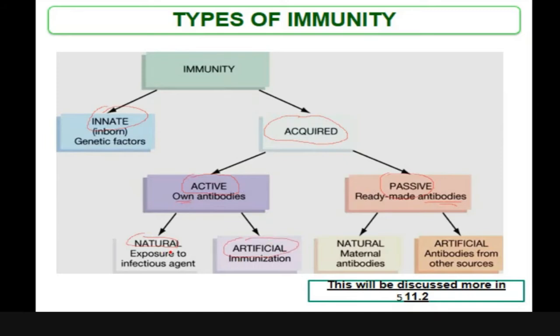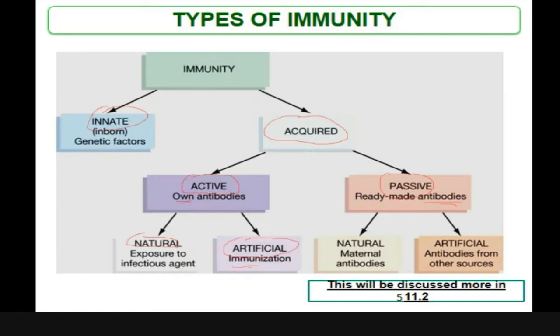So natural is when we are exposed to the infectious agent, like in our daily life, when our friends, our close relatives have flu, and then we are exposed to a sick patient with flu, then we will gain the natural active acquired immunity. But for artificial active acquired immunity, the best example is immunization, the vaccination.